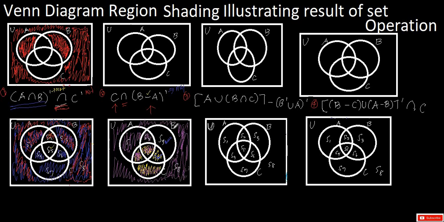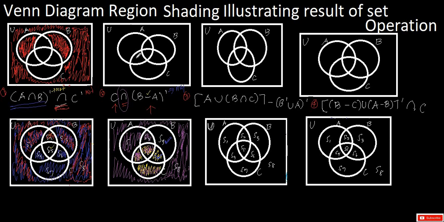Okay, let us find the region where the two shadings overlap, the two colors overlap, the yellow and violet. So what are these regions? These regions are the final result of the operation. Here, this region S sub 4, there is an intersection of the yellow and the violet.